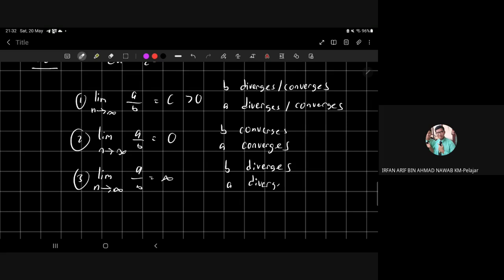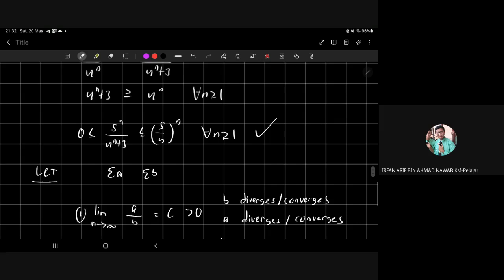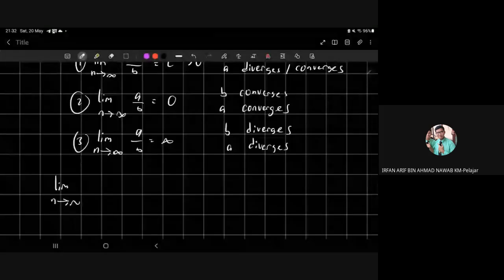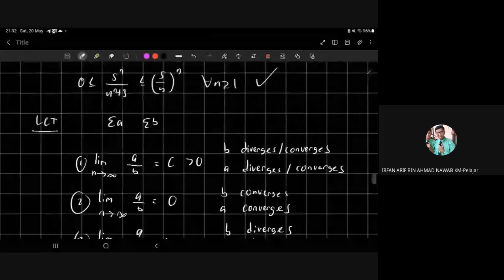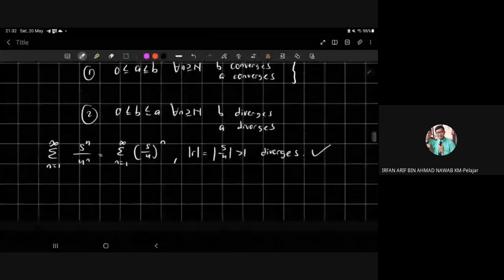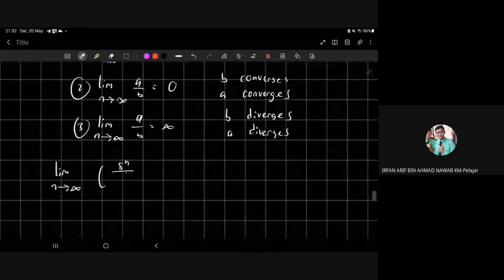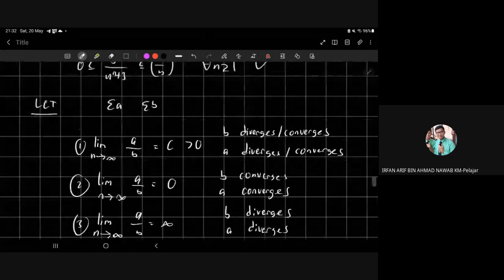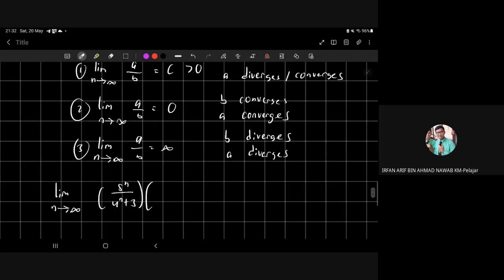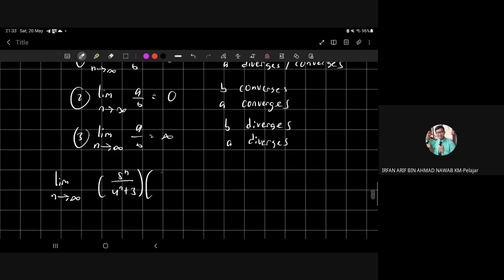So that's basically it. Now let's try and apply the limit. So limit as n approaches infinity. We know that A is our test series, which is 5 to the power of n over 4 to the power of n plus 3. And then our known series is 5 over 4, which we have to flip since it's dividing by it, and it will be 4 over 5 to the power of n.